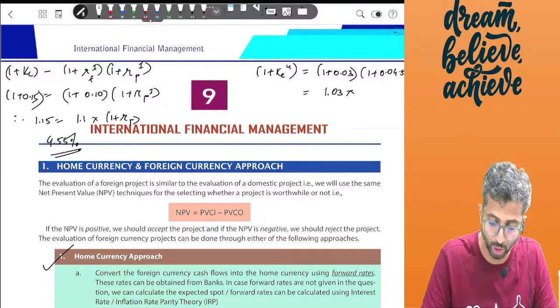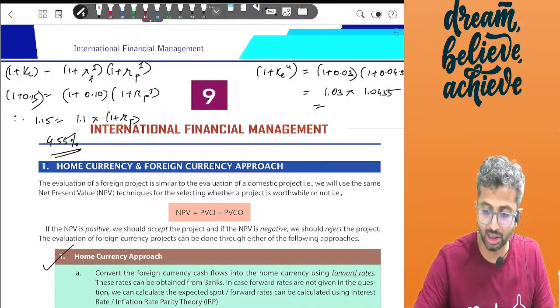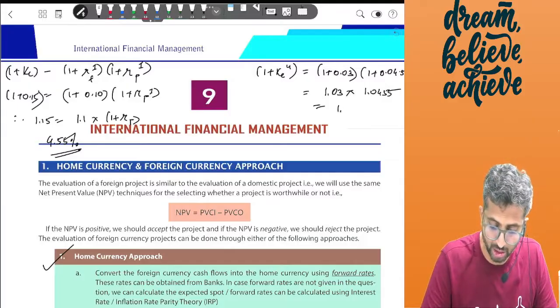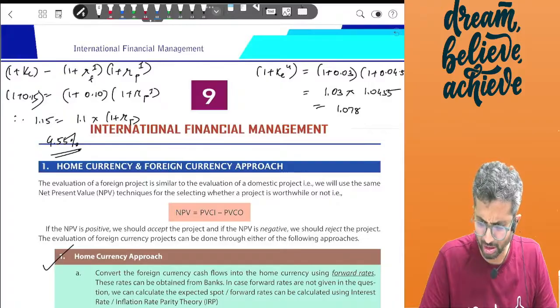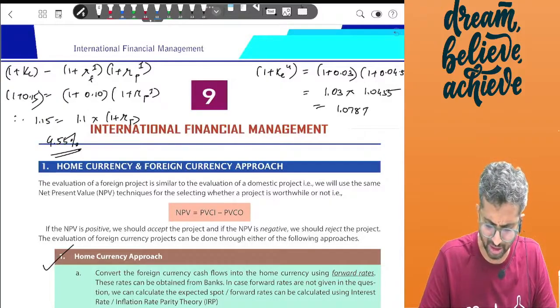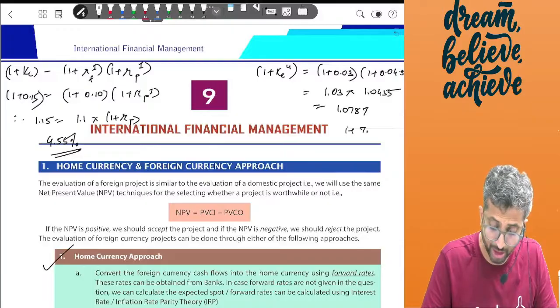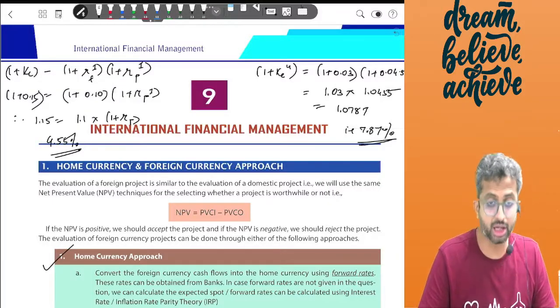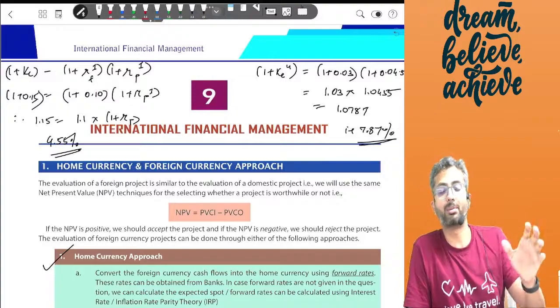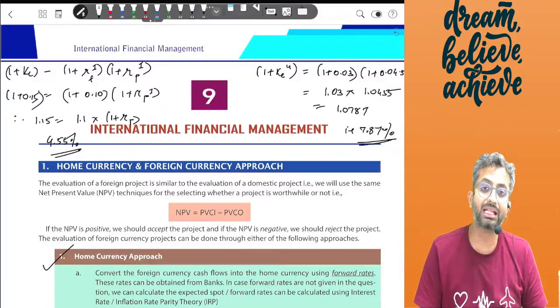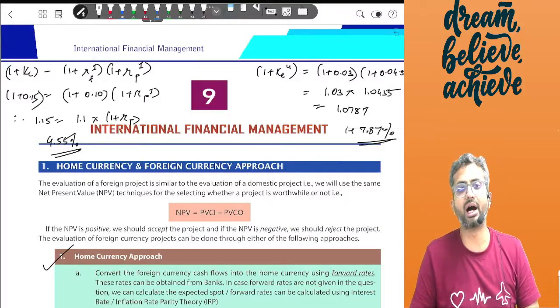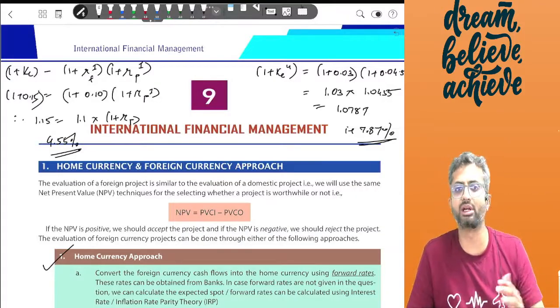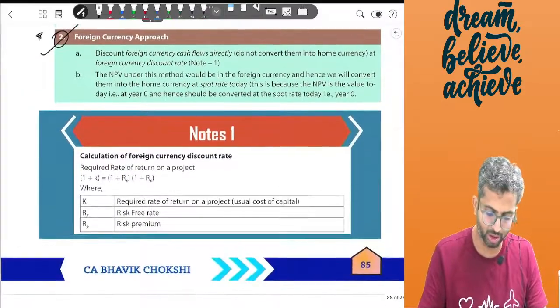So this is 1.03 into 1.0455, and if I multiply, this comes to, let us say, 1.0787, that is 7.87%, the rate if I were to look at a corresponding project in the US. And this will be my discount rate to discount the foreign currency cash flows so that I can find the NPV in dollars, which I convert at the spot rate. So this is regarding the foreign currency approach.